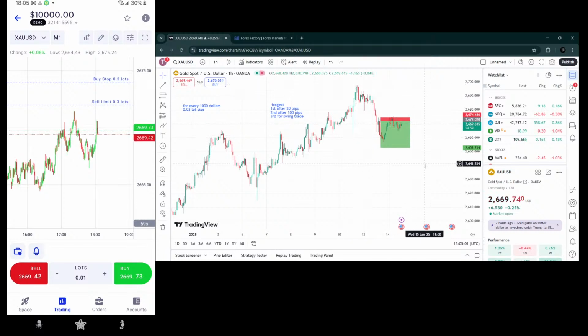So now my kid is coming back up. You need patience for this. Even right now, I can go for a trade. Like here, I can put my setup.